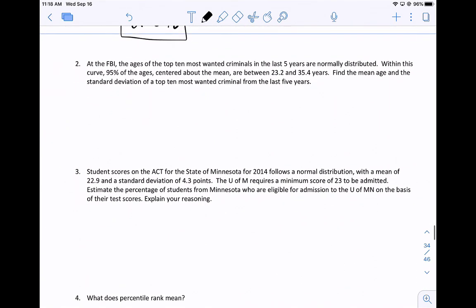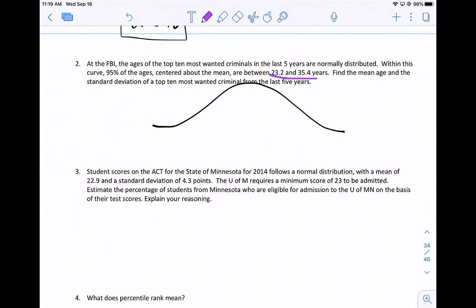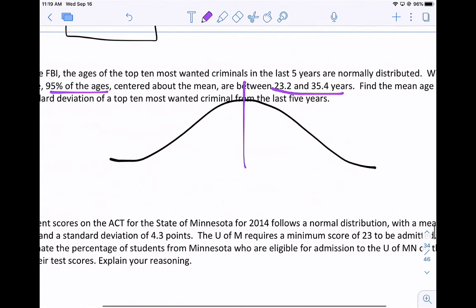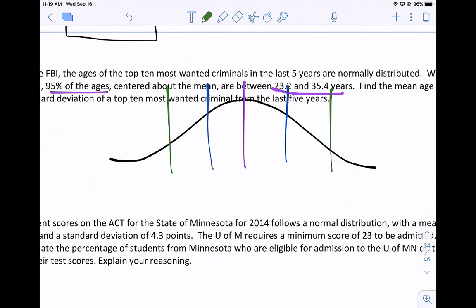So there's a good example of using our normal distribution curve. All right, let's try the next one. At the FBI, the ages of the top 10 most wanted criminals in the last 5 years are normally distributed. All right, so normal distribution, we can go ahead and make our curve right here. Within this curve, 95% of the ages centered about the mean range between 23.2 and 35.4 years. All right, so let's put in here's our average, and then we're going to go 1 standard deviation out, and we're going to go 2 standard deviations out, and that's 95% of the data.